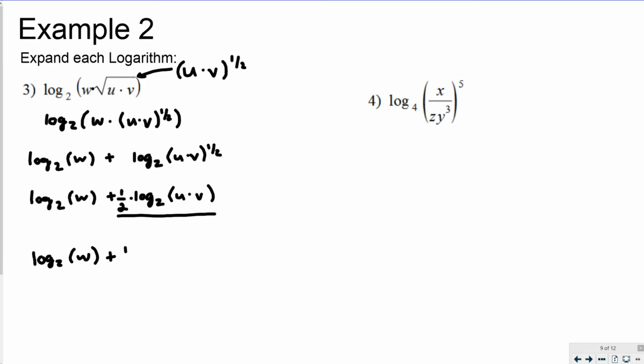So it will be 1/2 times the log base 2 of u plus, and then this is what I'm talking about here, 1/2 the log base 2 of v. So this would be considered fully expanded and broken apart.